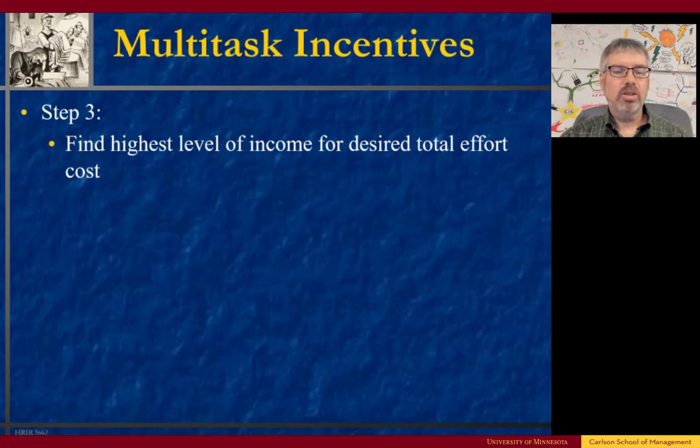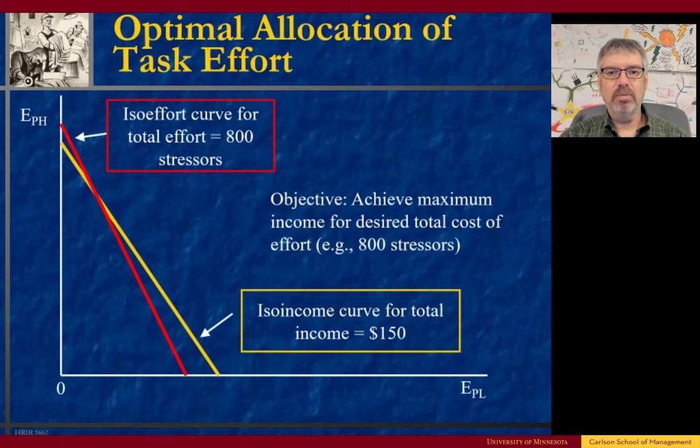So now we want to put these two things together and find the highest level of income for the desired total effort level. Suppose that I'm thinking about exerting 800 stressor units of effort. What's the most income that I can get for that amount of effort?